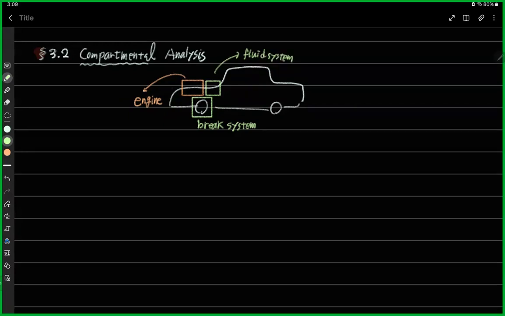So there are so many systems applied in the car, and those complicated systems work together to operate the car, right? So this kind of thing that consists of multiple systems is called a compartment.